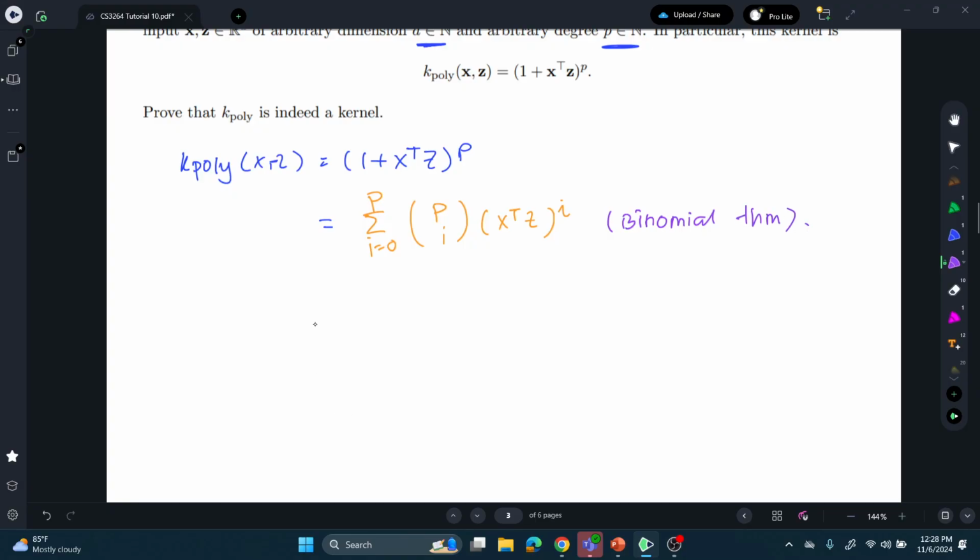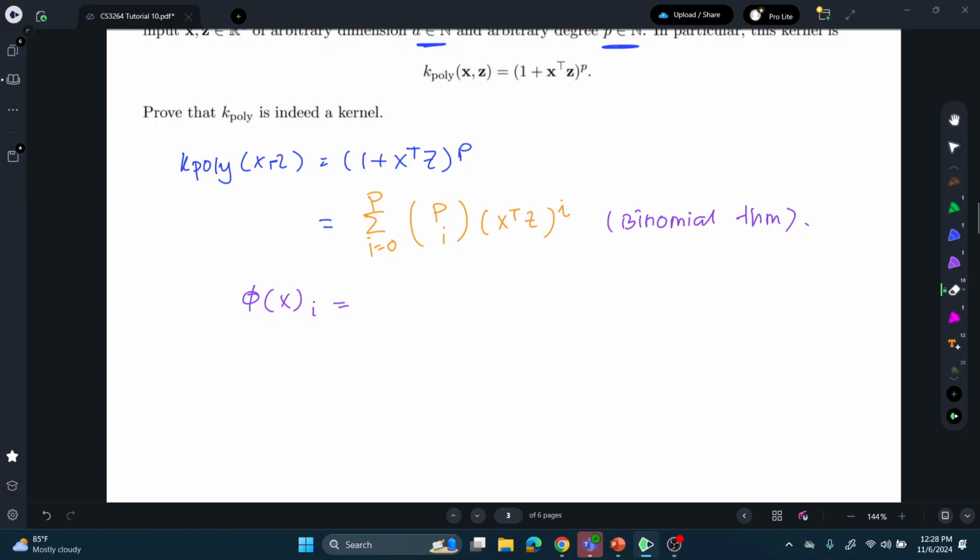So then I can always construct a kernel mapping. The ith element of this kernel mapping will be this whole thing, x transpose z raised to i, but for the coefficient here, I have to take a square root, so that the moment I multiply with another kernel mapping, when I do the dot product, the square roots will cancel out each other.